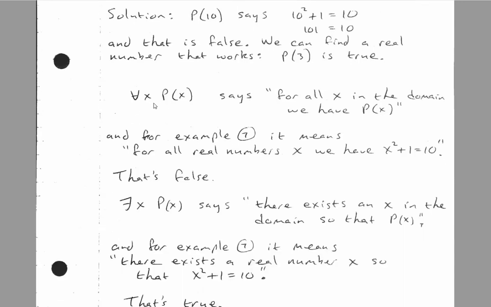So for all real numbers x, we have x squared plus 1 equals 10. Is it true that for all real numbers, if you square them and add 1, you get 10? No, that's false.